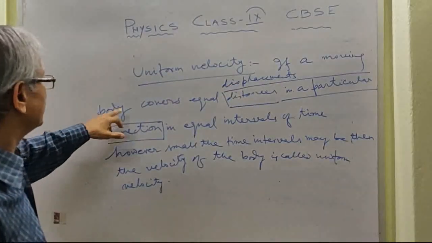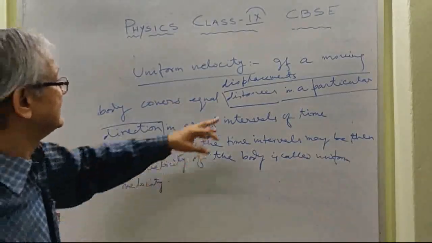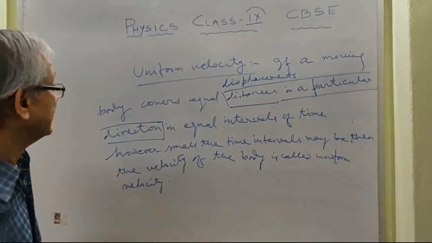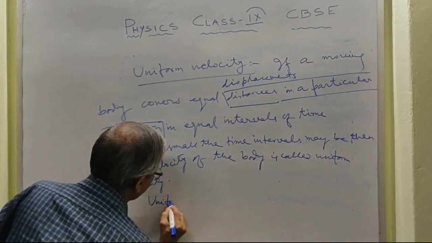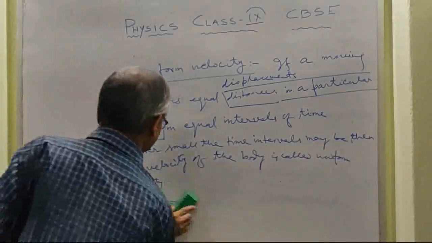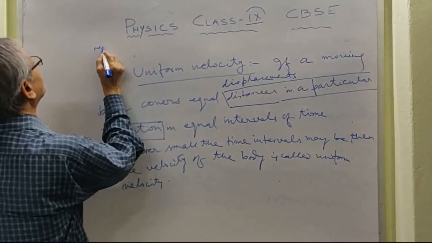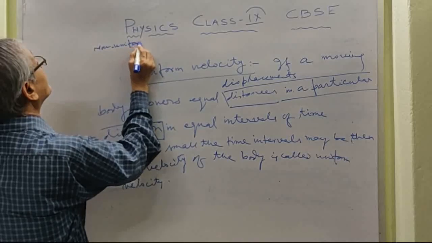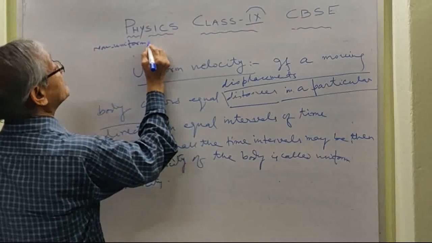If a moving body covers unequal distances, not equal, in a particular direction, we write it as non-uniform velocity.